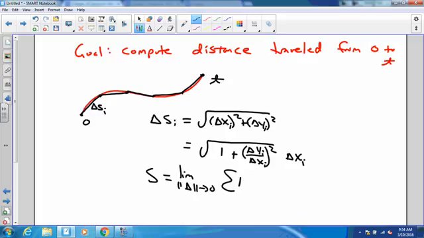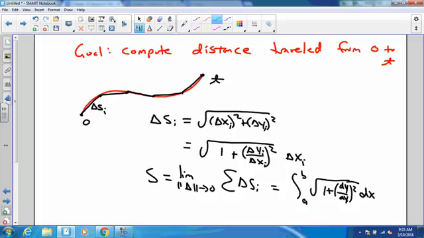You remember that? And then in the limiting case, we said that s was therefore the limit as the size of our delta went to 0 of the sum of the delta s's, which then became the integral from a to b of root 1 plus dy dx squared dx.